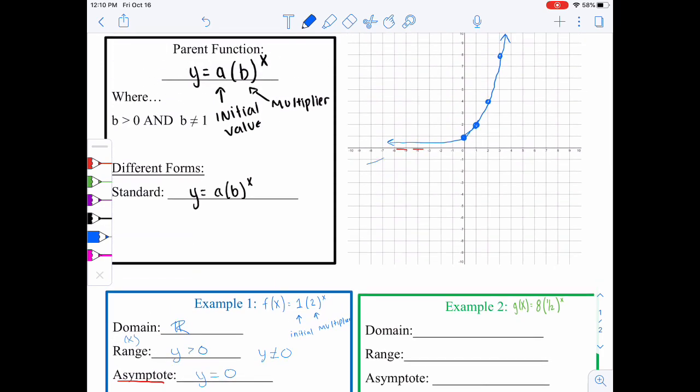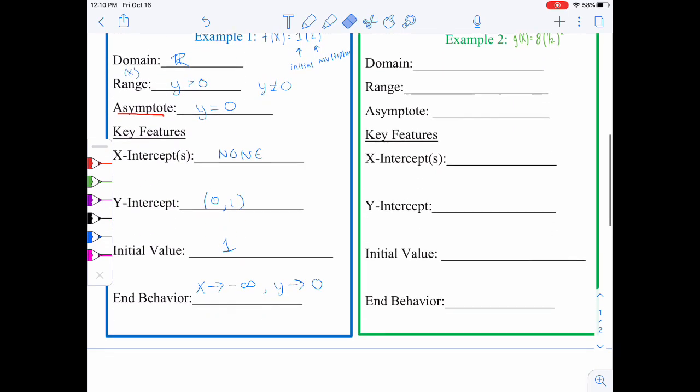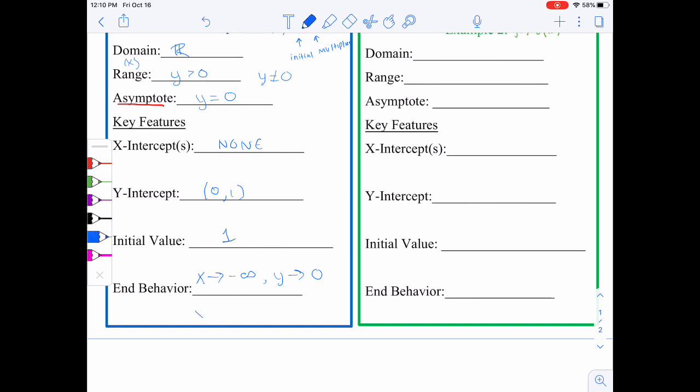As our x's are approaching negative infinity, our y value is getting closer and closer to 0. As our x's approach positive infinity, our y's also approach positive infinity.